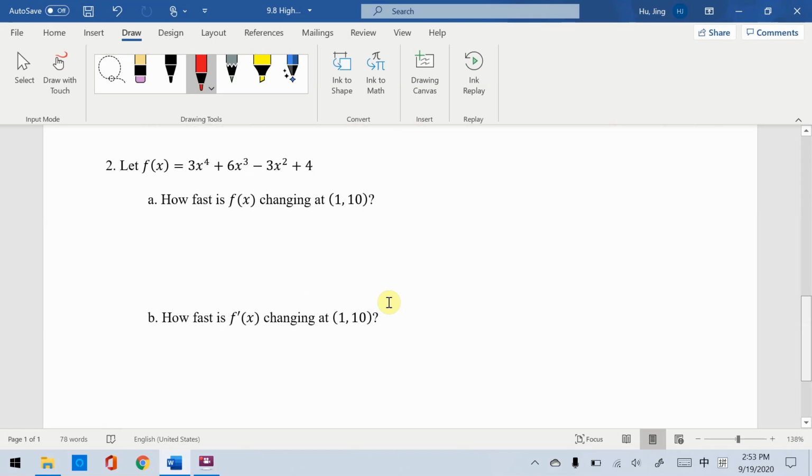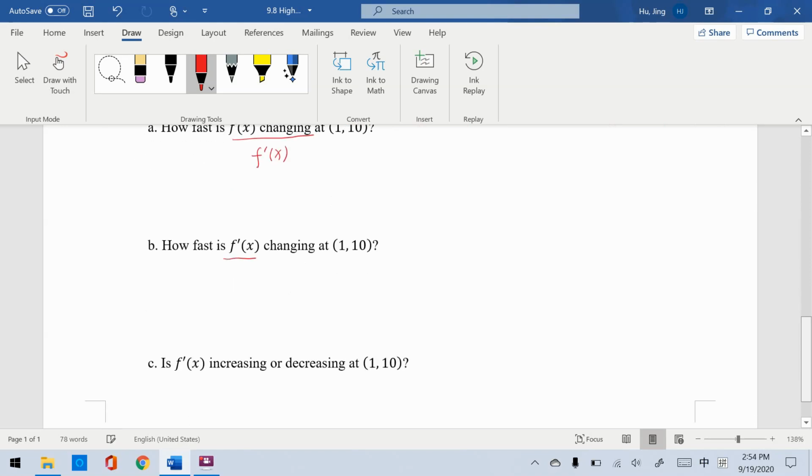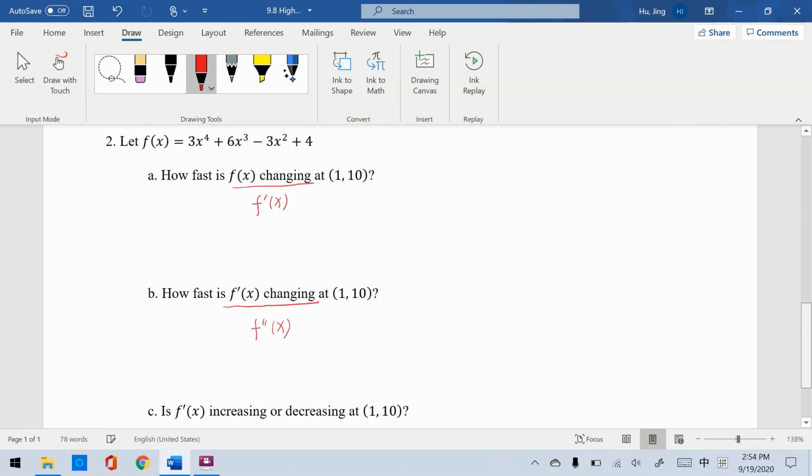The first question asks how fast is f of x changing? That means f prime, the first order derivative. Now, how fast is f prime, the derivative, changing? That means the second order derivative. Then at this point, when x equals 1, that means f prime of 1 equals that.